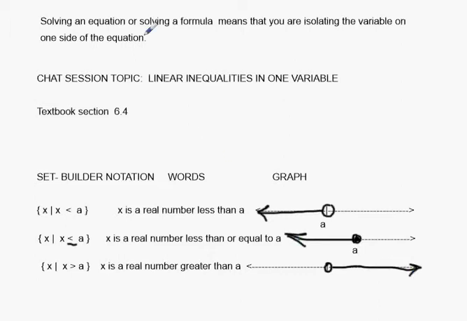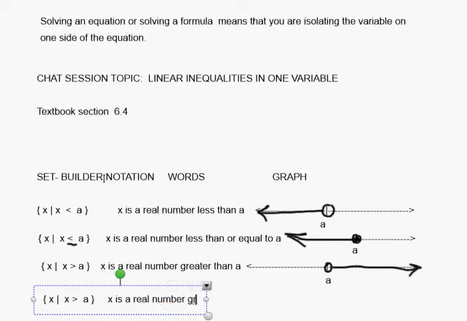Trace over the arrow to show it continues on infinitely. And let's put an a under our open circle. And the last one I'm going to show you is what if we have the set of all x such that x is greater than or equal to a. So x is a real number greater than or equal to a.